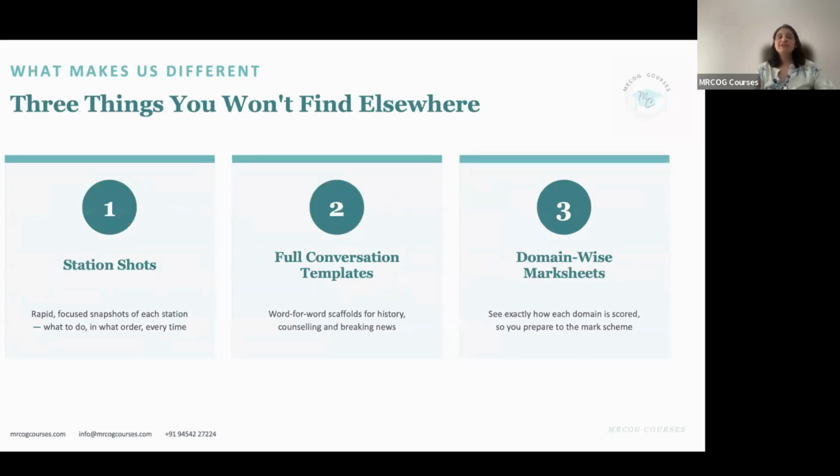What makes us different? Station shots. You have plenty of stations, I mean, complete library access. If you go to the website, for every module, like the subfertility module, the first topic will be the expected stations and the reading material required.